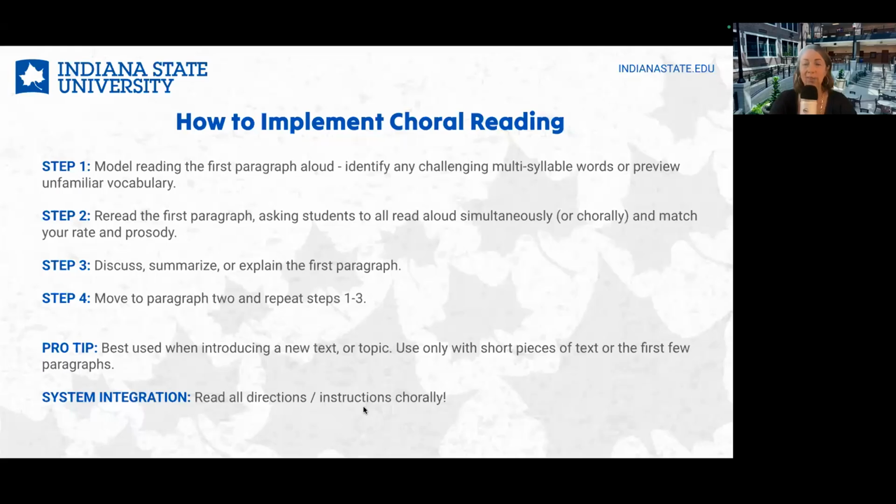So I have included the steps for choral reading, how to break it down and actually walk through it. And I would say that all directions or instructions of a worksheet, of an activity, if you have written instructions, those should be chorally read.